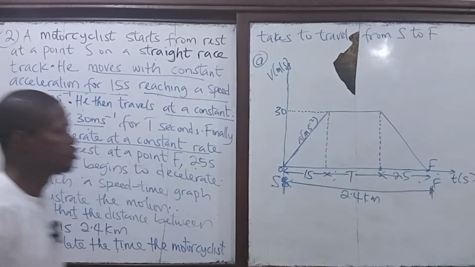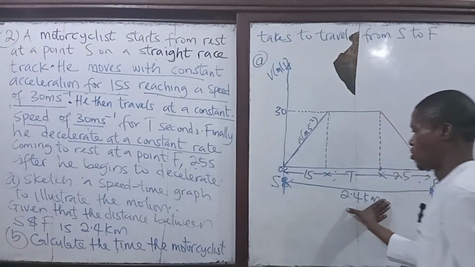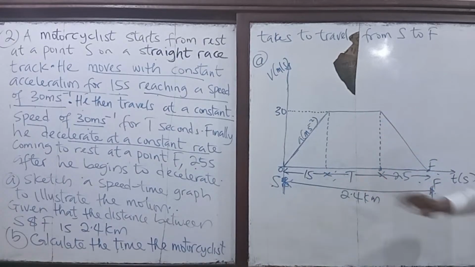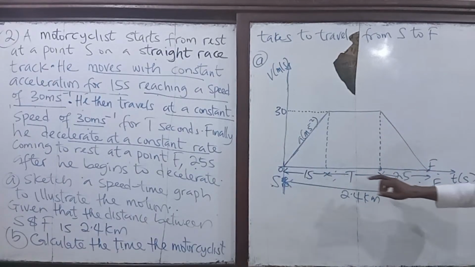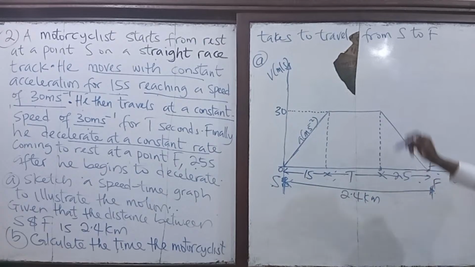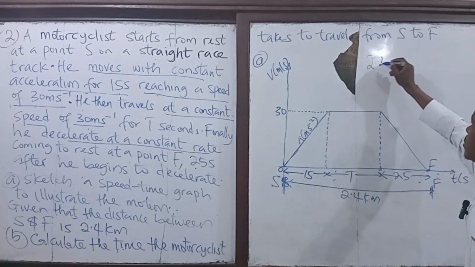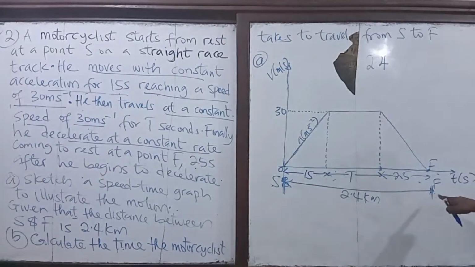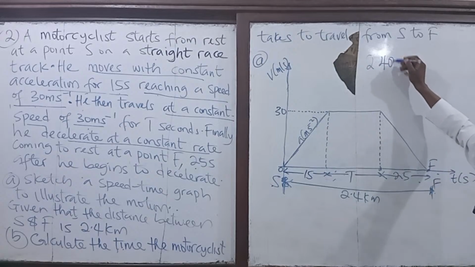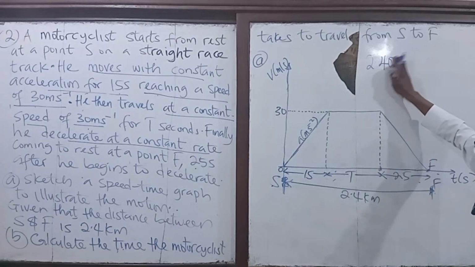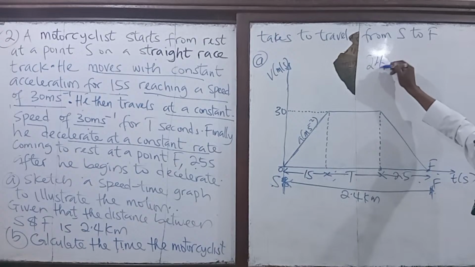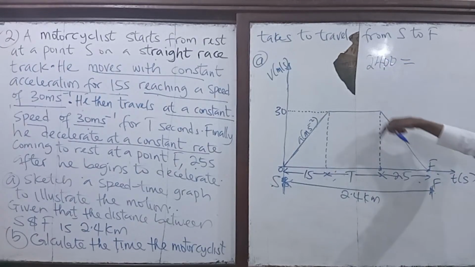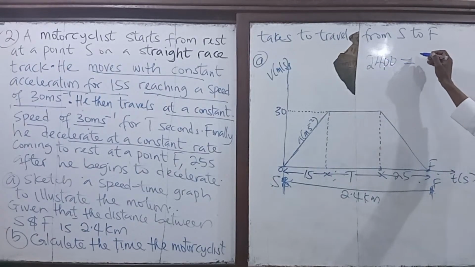So we're going to use that distance because we are told to calculate this t. That's the total distance from the starting point to the end point. So 2.4 kilometer is 2,400 meters. And then the area of this shape is a trapezium.